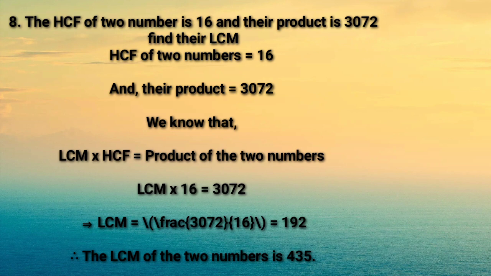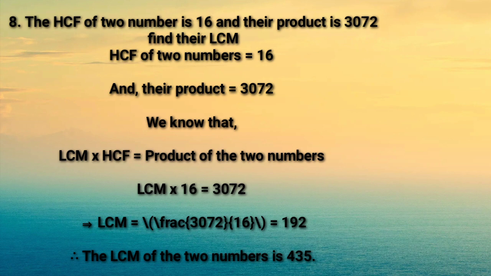The HCF of two numbers is 16 and the product is 3072. So here we have to find out the LCM. We know that LCM into HCF is equal to the product of two numbers.